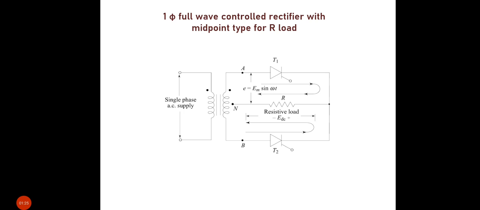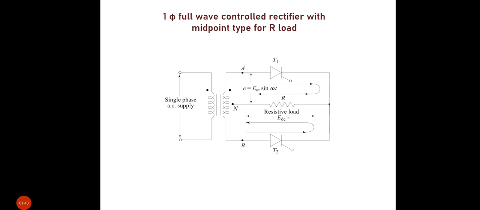First mode: during the positive half cycle of the supply voltage, thyristor T1 is in the forward bias condition, and thyristor T2 is in the reverse biased condition.